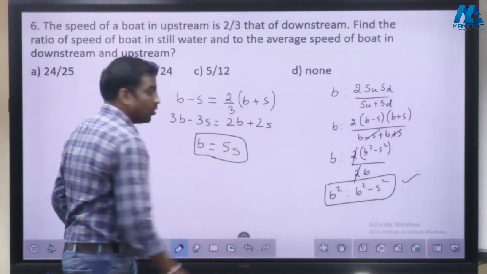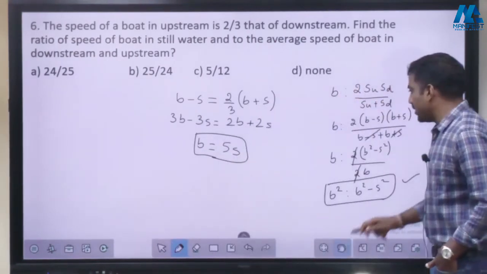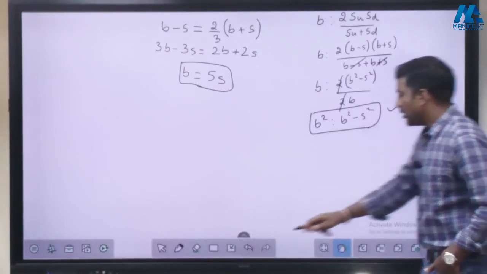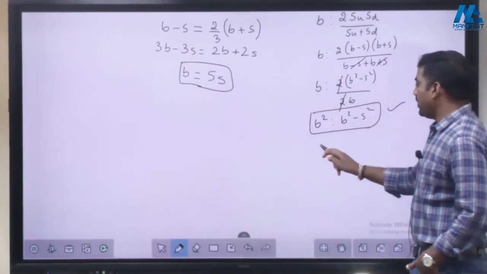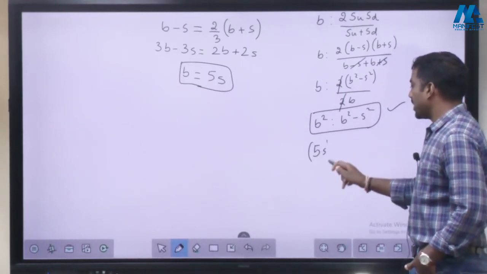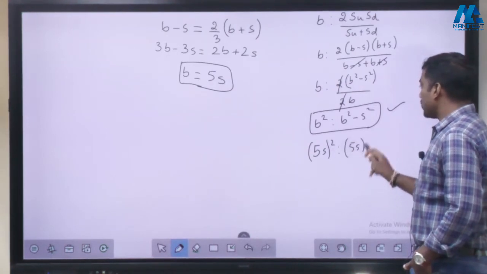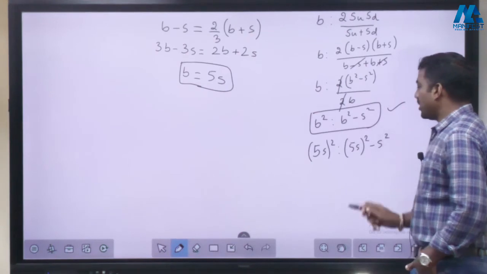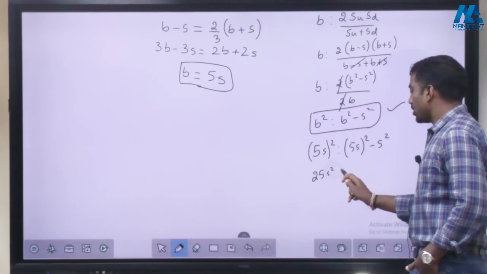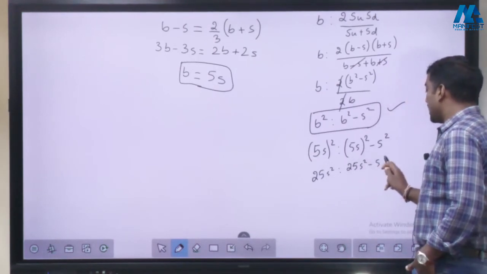Do we know the value of B now? So how to go ahead? Substitute the value of B here. So B square will be (5S) whole square is to (5S) whole square minus S square. 5S whole square is 25S square, and here again 25S square minus S square.